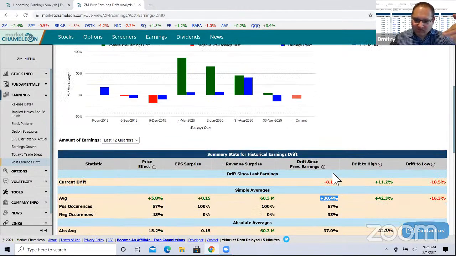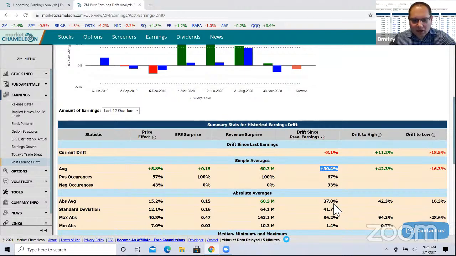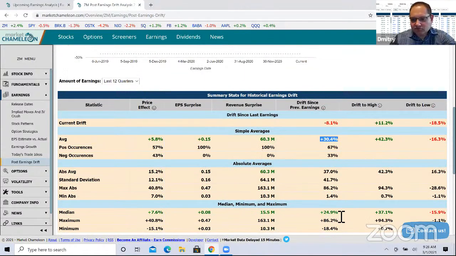Average move 30.4%. The median move is 24.9%. So even in our short history, it's seen large gains heading up into earnings. 67% of the time it drifted higher, 33% of the time it drifted lower in between earnings. And the average move is 37%.